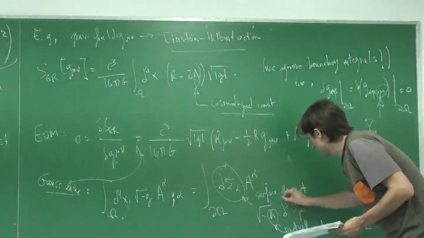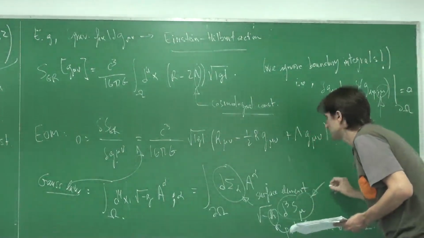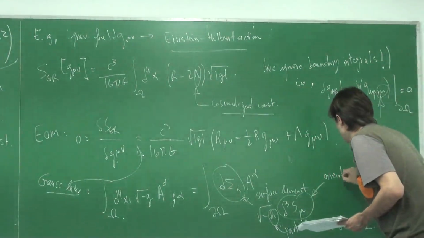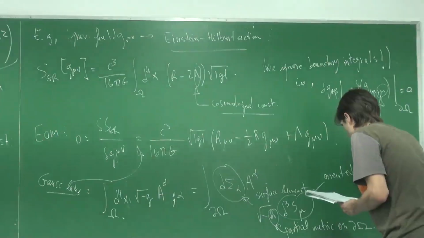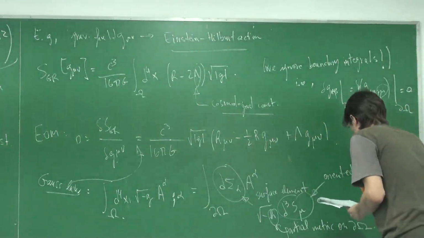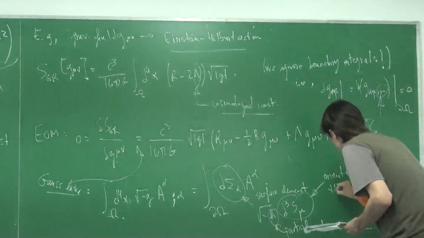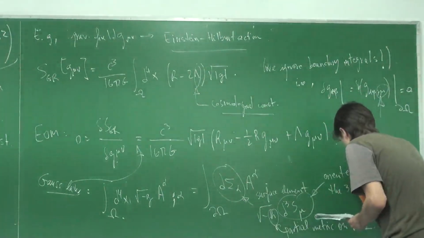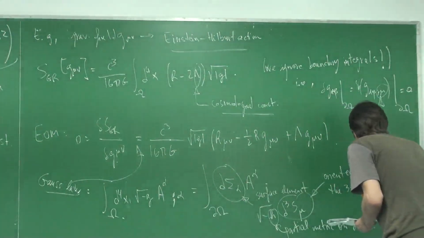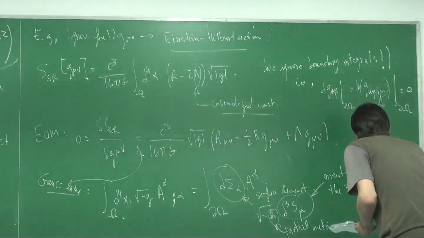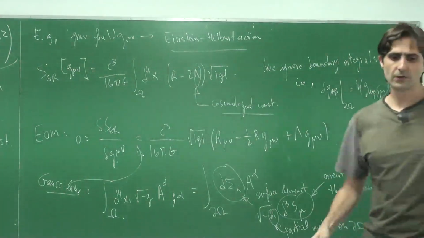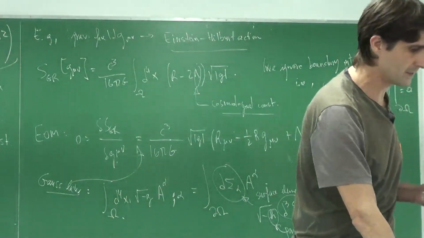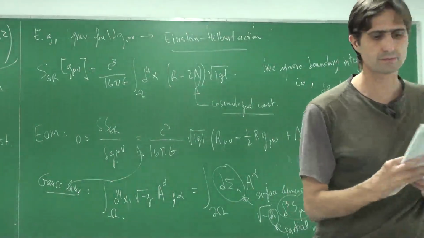And this guy here is the oriented element of the three-volume on the boundary. So we're going to see an explicit example of this later on in the course.